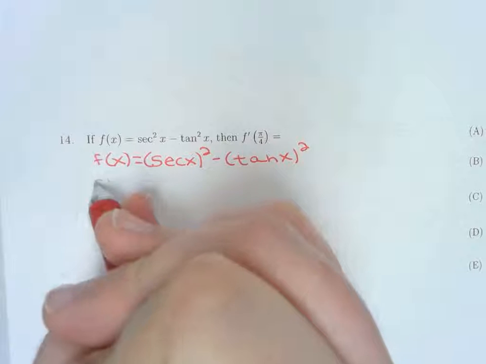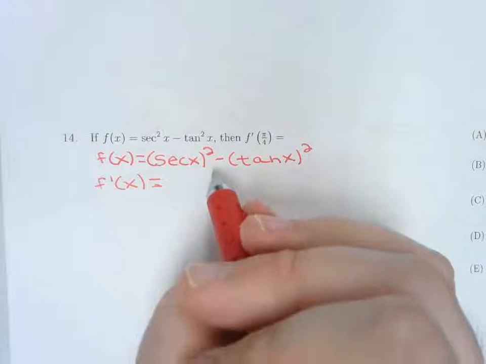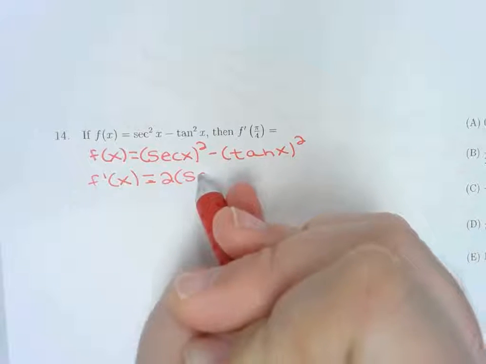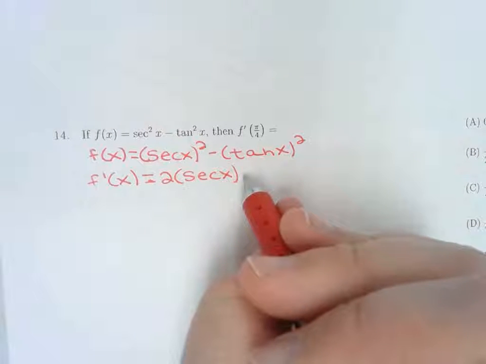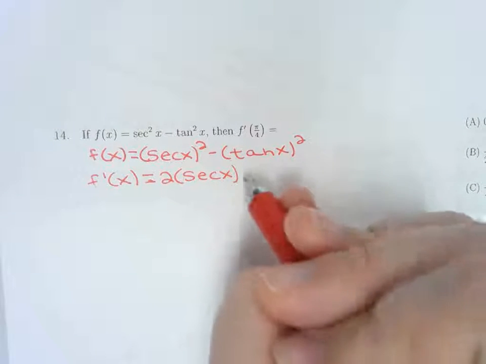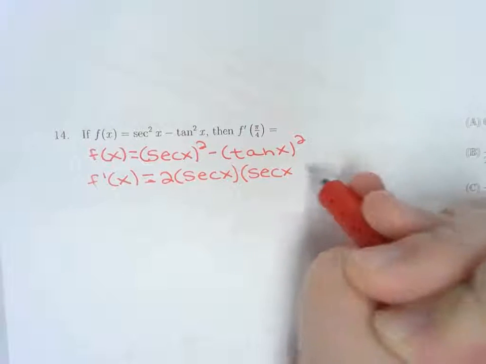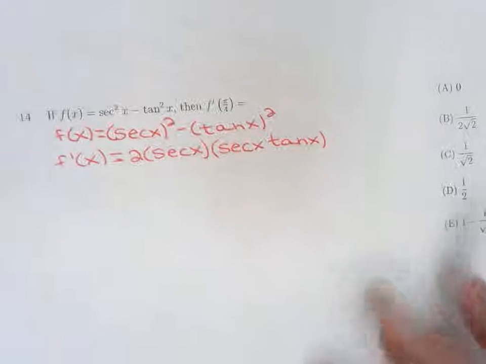Single chain, but chain rule. So if I look at the first one, we're going to have to bring the 2 out front, keep the inside the same, reduce the exponent by 1, which will make it a first power. The derivative of secant is secant x tan x. You need to have the basic 6 memorized for that test.